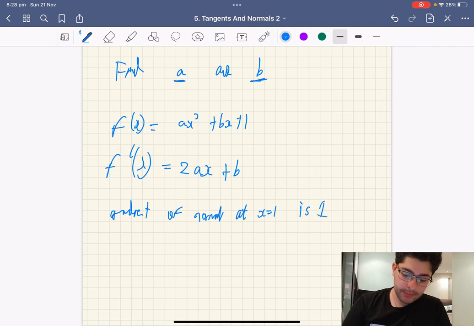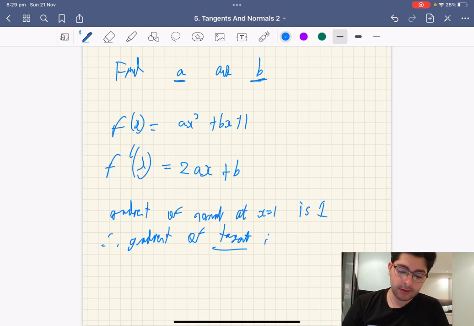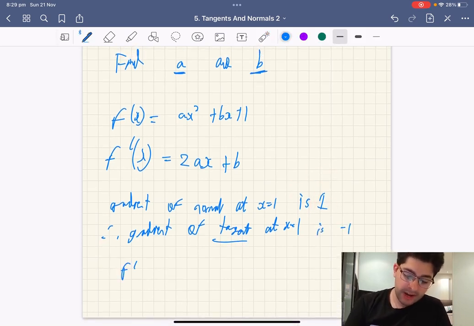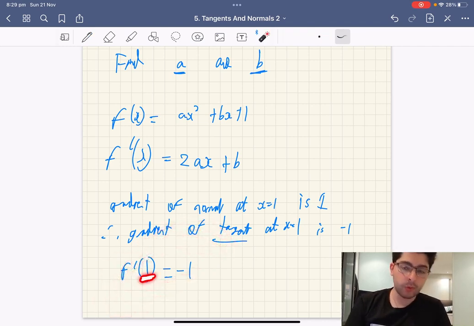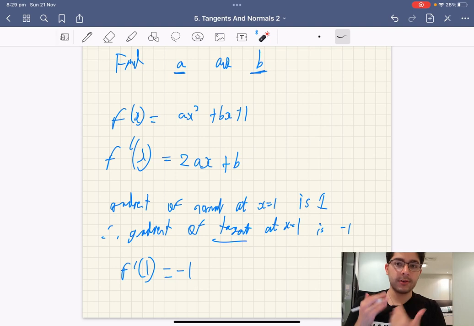Therefore, the gradient of the tangent at that point, at x equals 1, is the negative reciprocal of 1, which is minus 1. Therefore, we know f dash of 1 is equal to minus 1, because f dash of x when x equals 1 will give the gradient of the tangent, which we just worked out is minus 1.